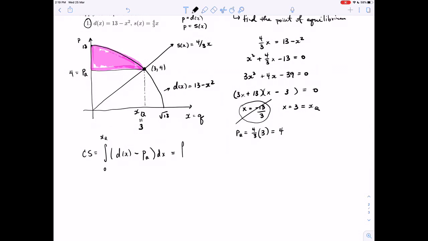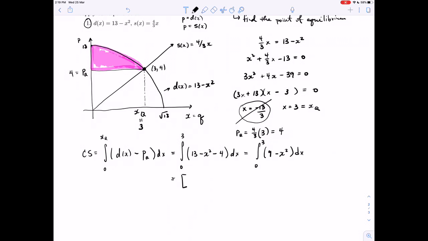Filling in the values that we know, this is going to be the integral from 0 to 3 of our demand curve, 13 minus x squared, minus the equilibrium price, which is 4, dx. Simplifying inside the integral, 13 minus 4 is 9 minus x squared, dx.